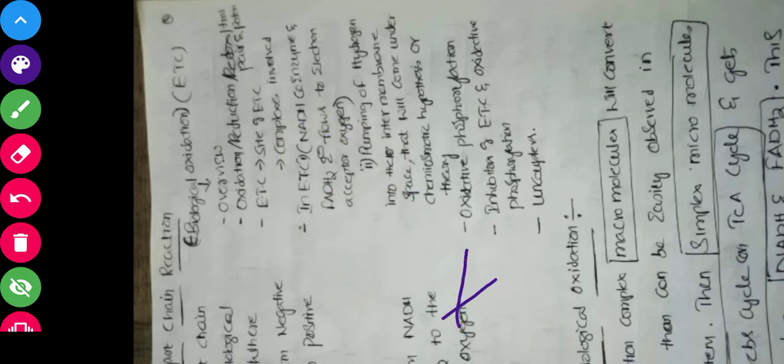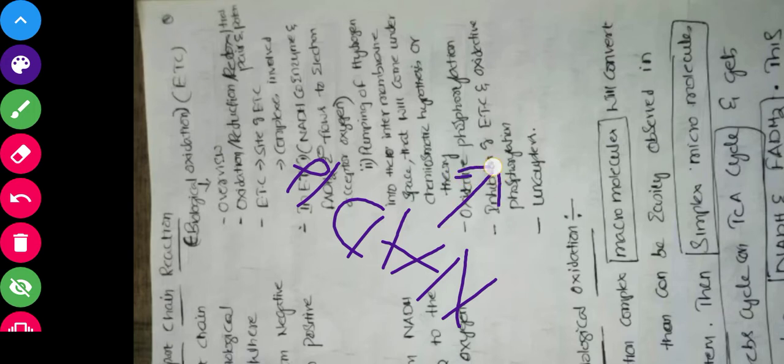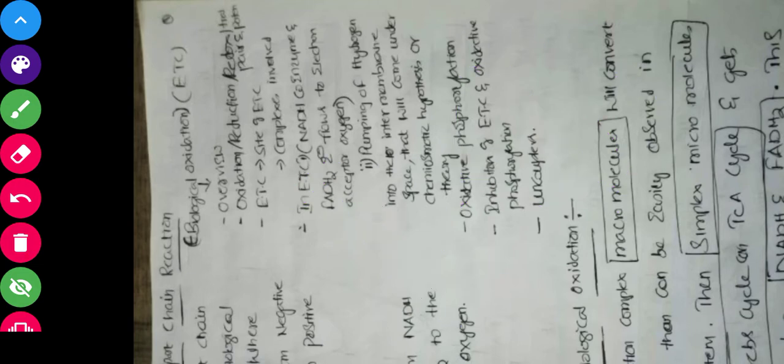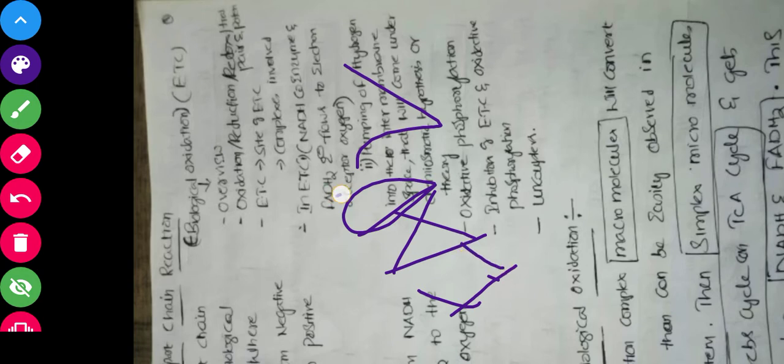Complex 1 is called NADH oxidoreductase. From here it will push the electrons to coenzyme Q. From there it will go to complex 3. In the same way, FADH2 is present in complex 2.